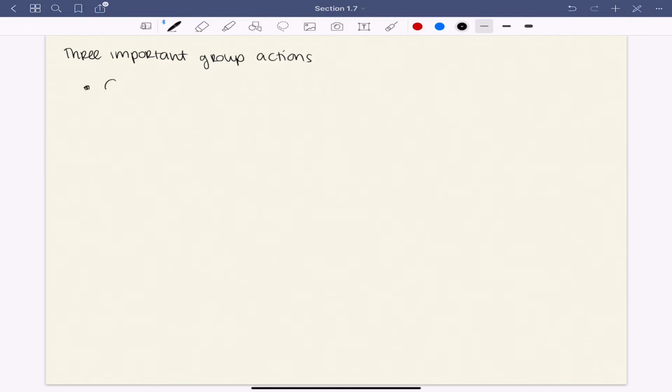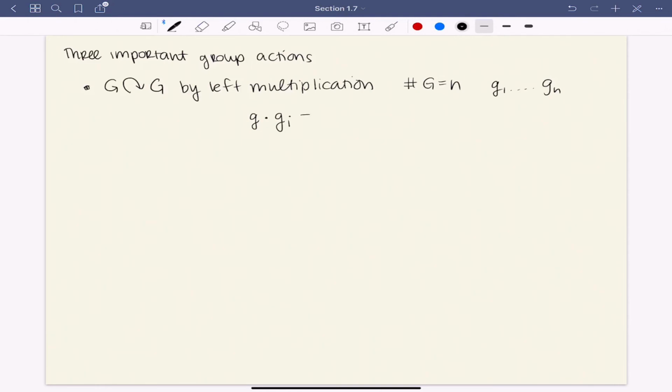The first one is G acting on itself by left multiplication. So if the size of G is n, that just means I can number all the elements of G by 1 through n, and then the action of G acting on g_i is just g multiplication by g_i, which is some new element, g_j.